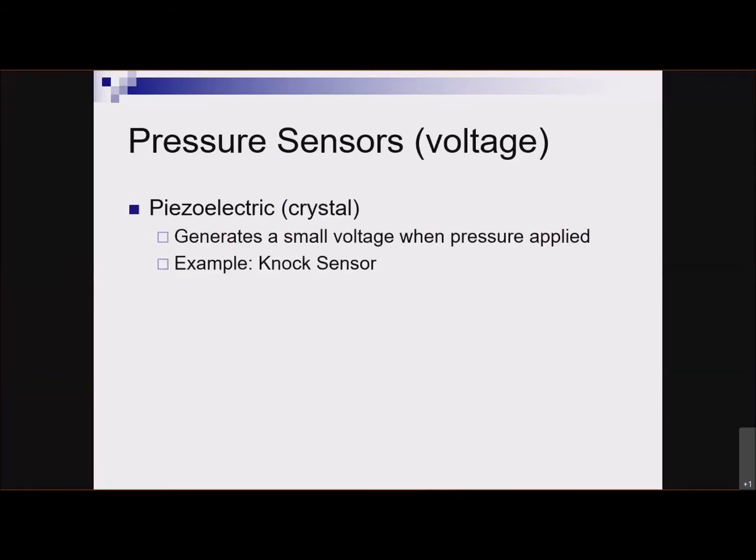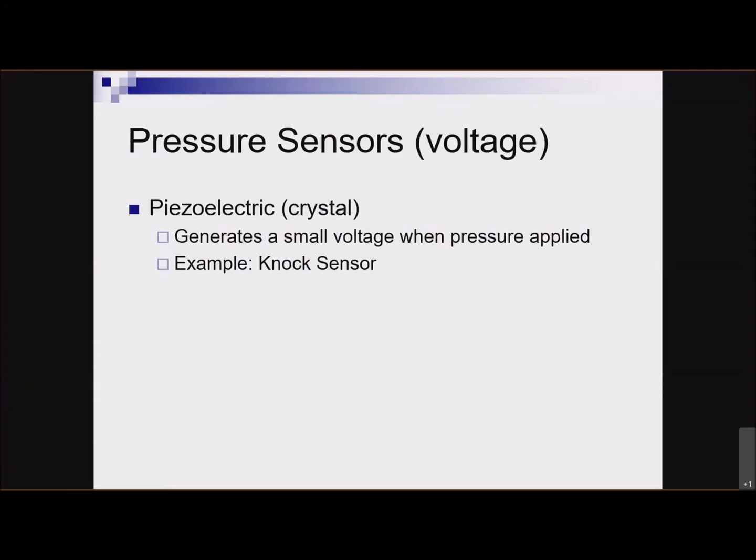So voltage-based ones, again, we can break those into 2 categories. We've got piezoelectric, which is a crystal that generates a small voltage when it's squeezed, when there's pressure on it. Or in the example of a knock sensor, it's called a tuned accelerometer. And that generates a small voltage when it vibrates, but only when it vibrates at a specific frequency.